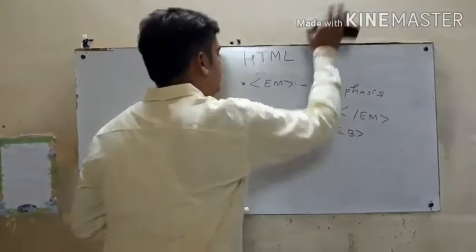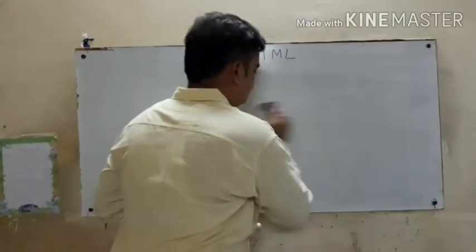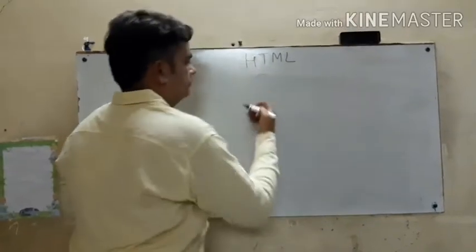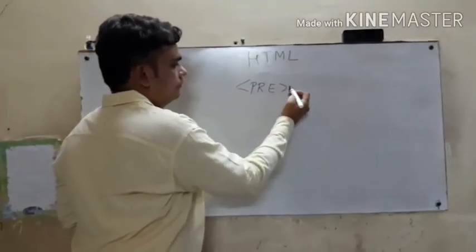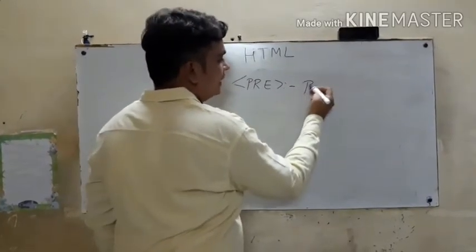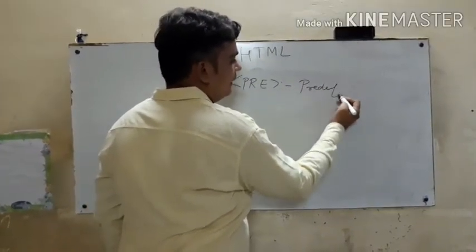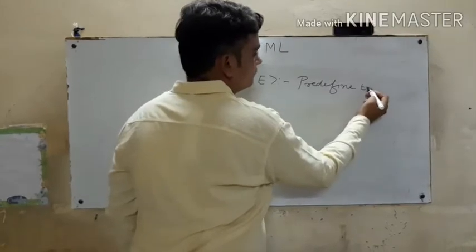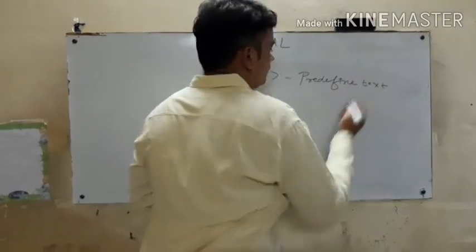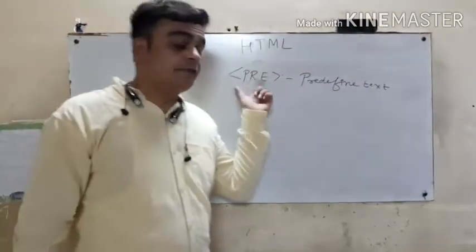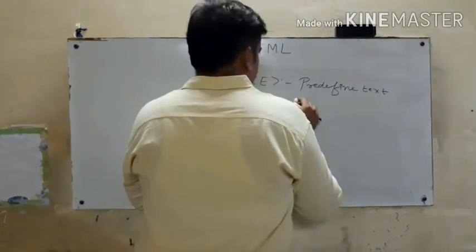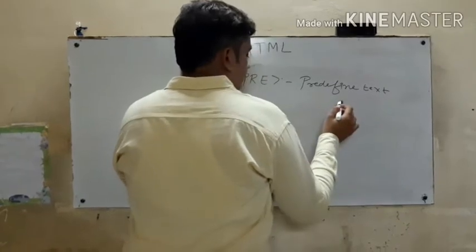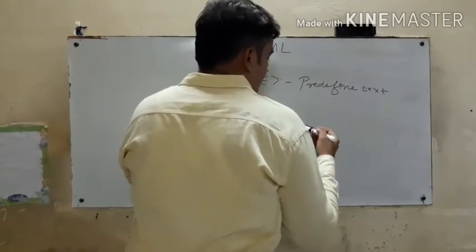Our next tag is the pre tag. The full form of the pre tag is predefined text. This tag is very helpful because it helps to display the information according to the user requirement.